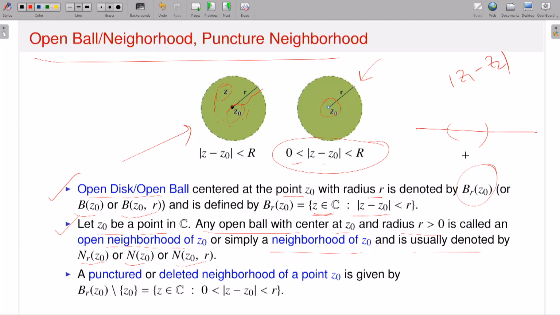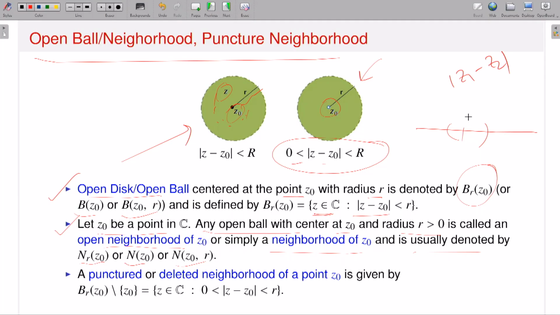So what is the definition of an open neighborhood centered at the origin, or at a point x0? You can easily say that this is the collection of all those real numbers x such that x belongs to (x0 minus r, x0 plus r). This is the open interval.